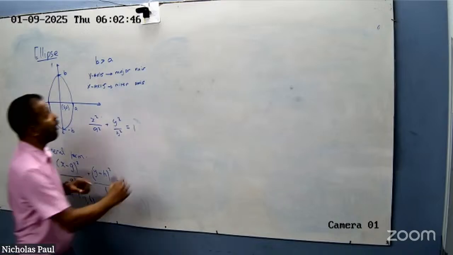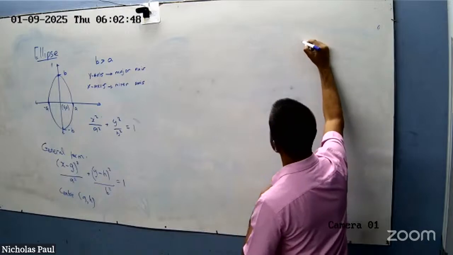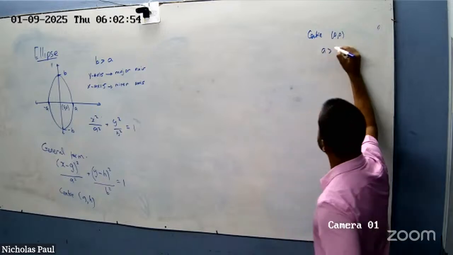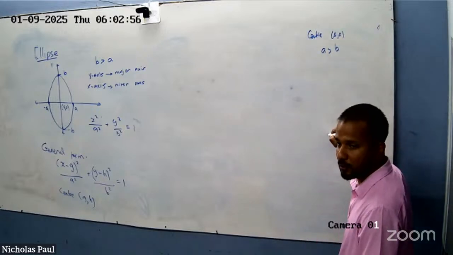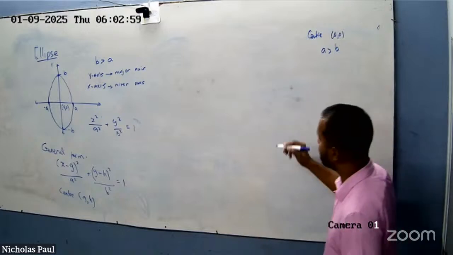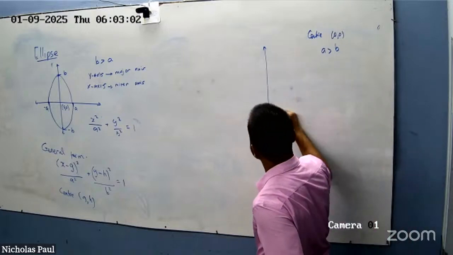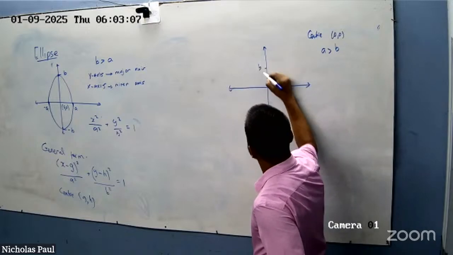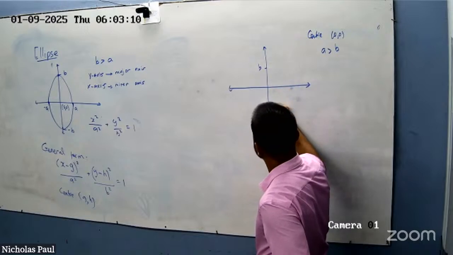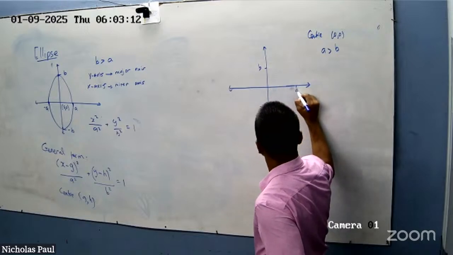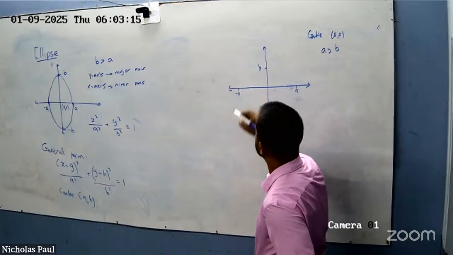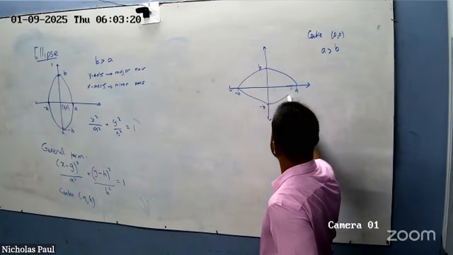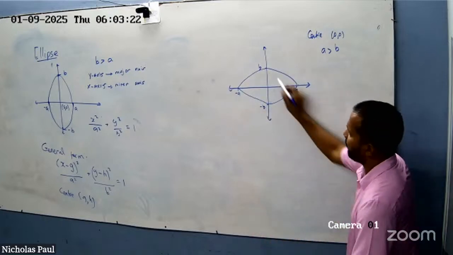What do you think the graph will look like with the same thing, center 0, 0, but a is bigger than b? It will kind of rotate 90 degrees. So the graph might look something like this. Of course, you just try and get it a little smoother.